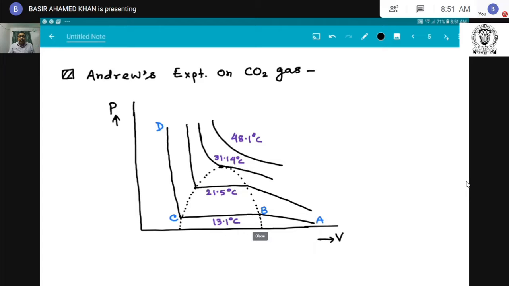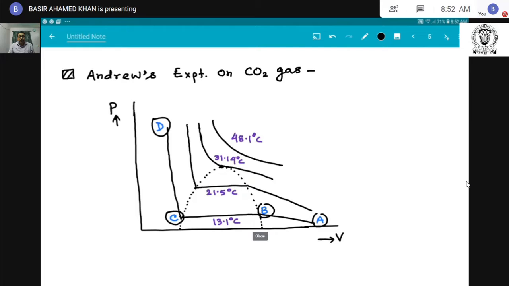Below, I draw the A, B, C, D line, this is A, this is B, this is C, and this is D, at temperature 13.1 degrees centigrade. Next one is another isothermal at temperature 21.5 degrees centigrade, then 31.1 degrees centigrade, and lastly 48.1 degrees centigrade.